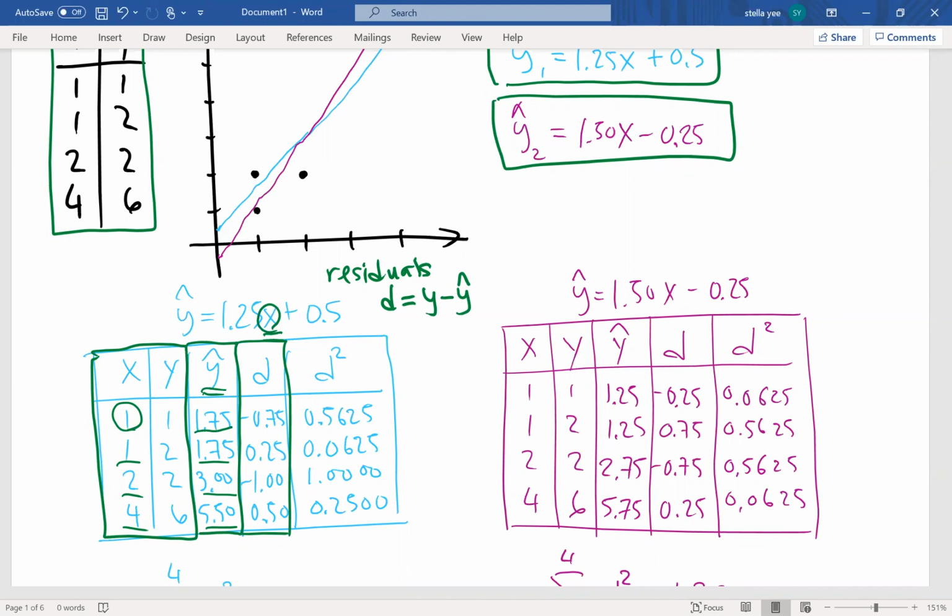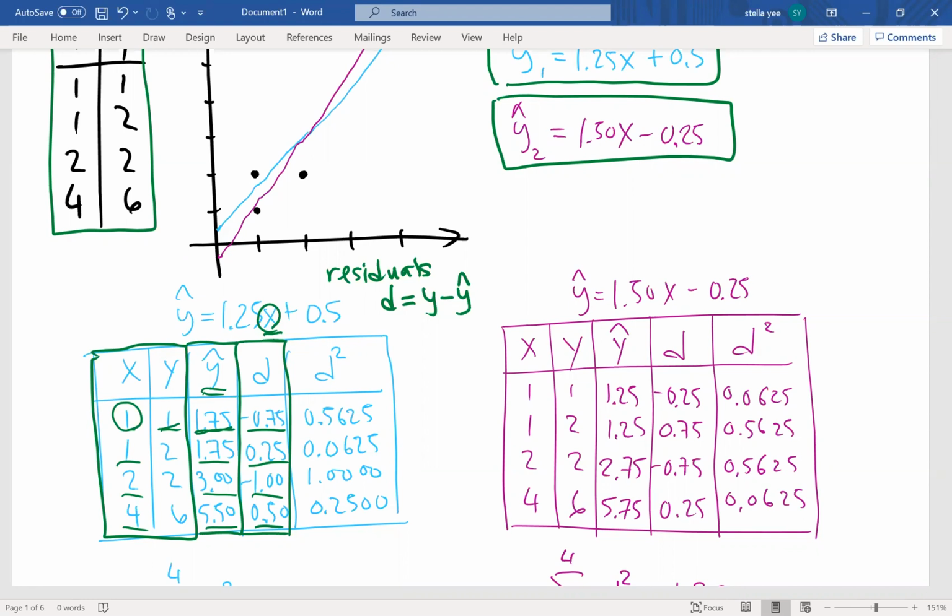So here the actual y value in the first row is 1. The approximate value was 1.75. So 1 minus 1.75 is negative 0.75. So this is how off your approximation was. We can go down the list and compute the other 3 residuals as well.